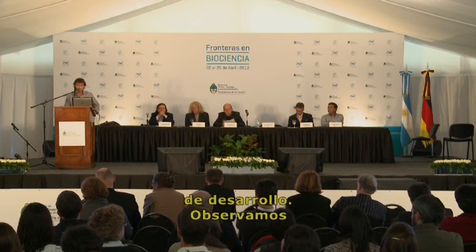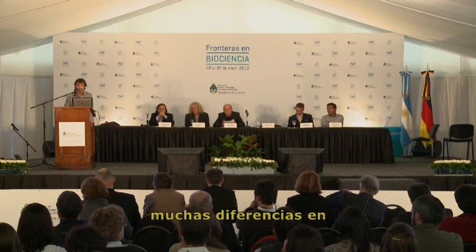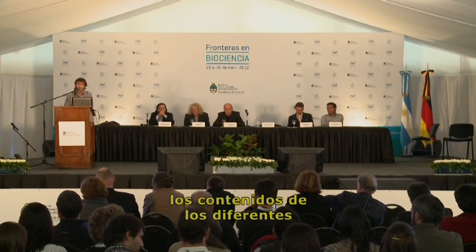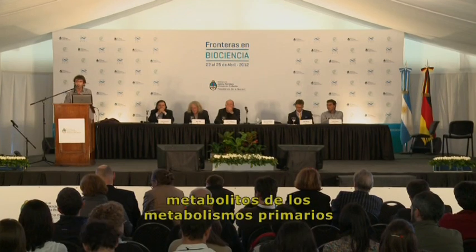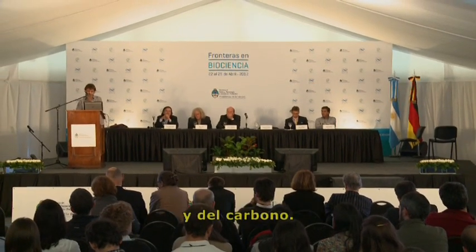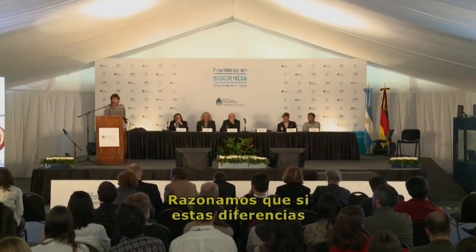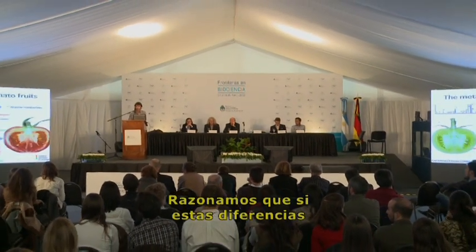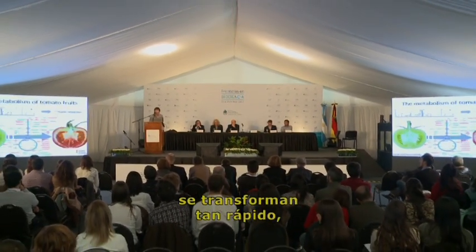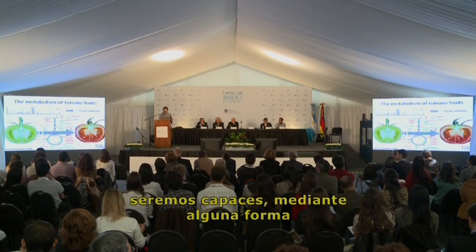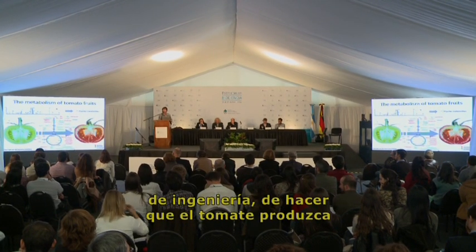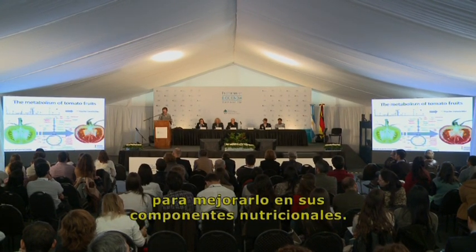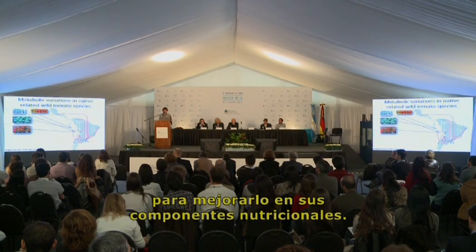And we observed many, many differences in the content of the different metabolites of carbon and primary metabolism. And we reasoned that if these differences arise so rapidly, we might be able to engineer the tomato fruit to enhance nutritional compounds in this fruit.